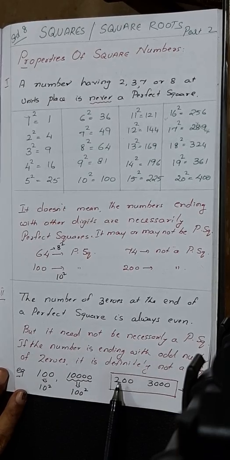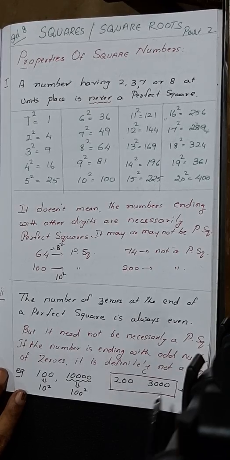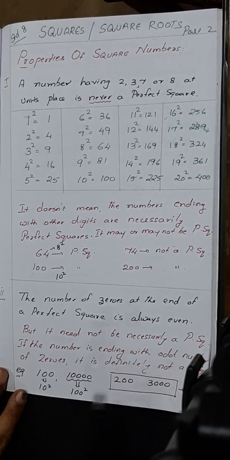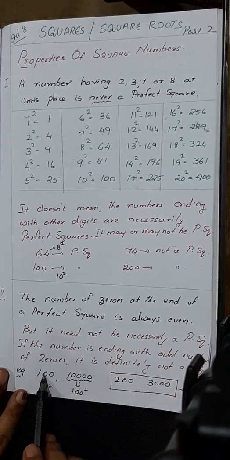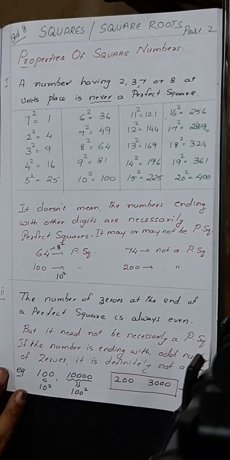But that does not mean that 200, which again has an even number of zeros, is a perfect square. 200 is not a perfect square. And if it is ending in an odd number of zeros, it is again not a perfect square. So if it is ending with 3 zeros, definitely it is not a perfect square.